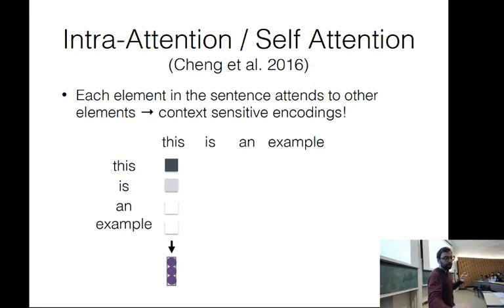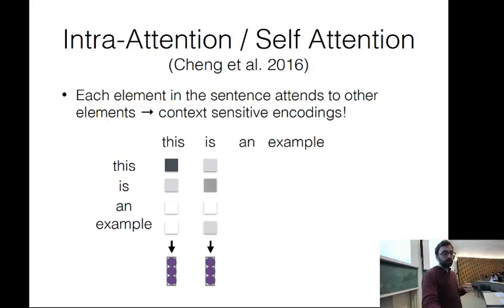So what we have here is, let's say you have embeddings for all the words. And for the word this, the embedding for this becomes the query. We calculate the weights over all the keys. We get the weights, we get their linear combination, and we produce a new representation for the word this that includes information from its context.